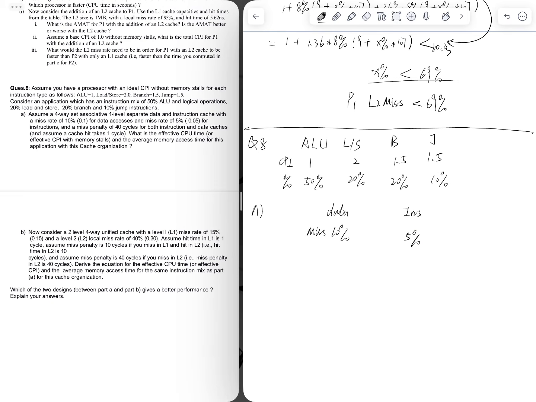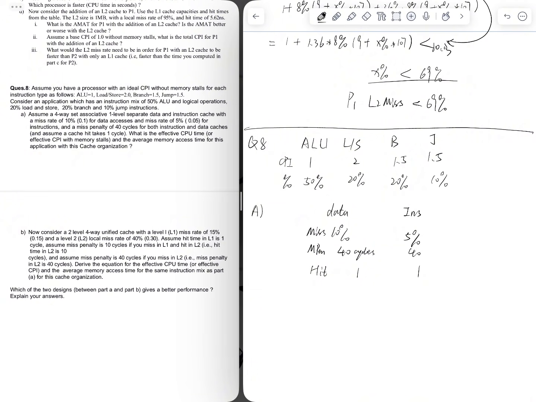A miss penalty of 40 cycles for both, and the hit time is 1 cycle for both. Okay, good. What is the effective CPI?